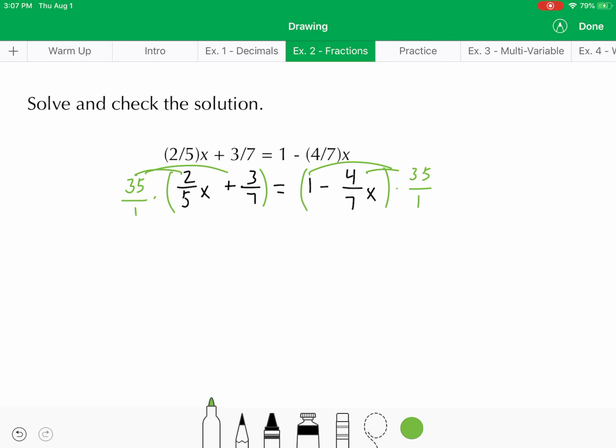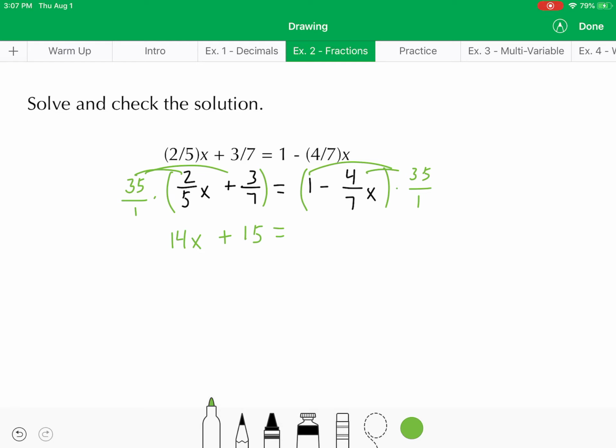Then 7 times 2x is going to give you 14x. 35 over 1 times 3/7. You'll get the 7 reduce to a 1, and the 35 will become a 5. 5 times 3 will give you plus 15.